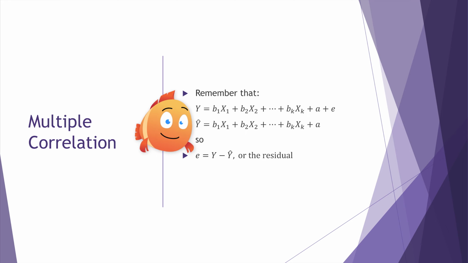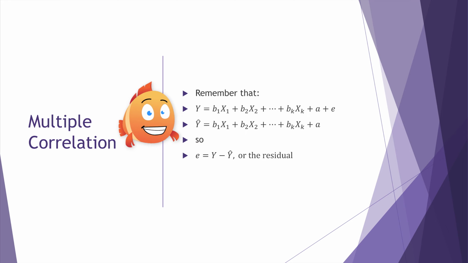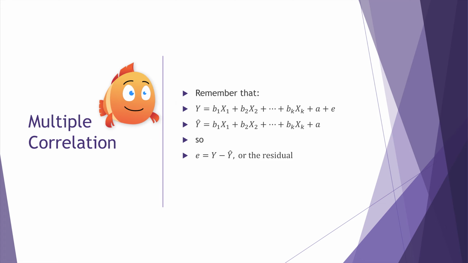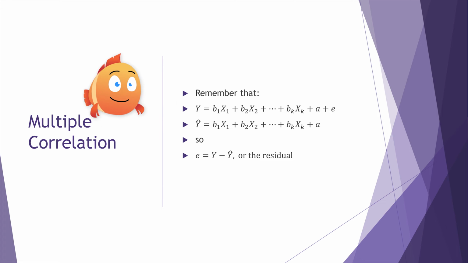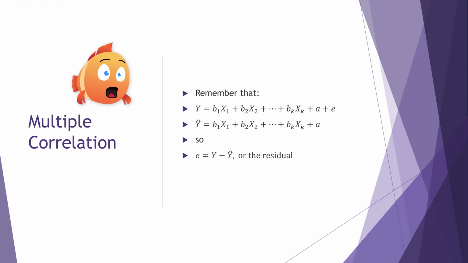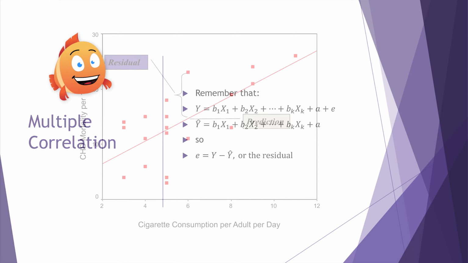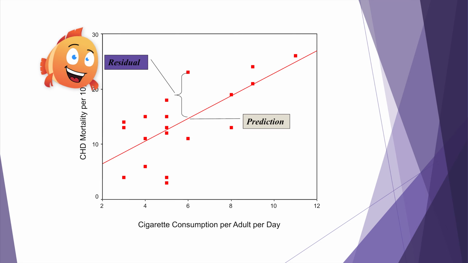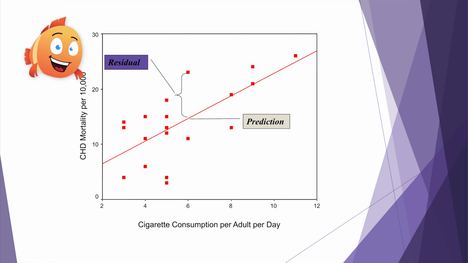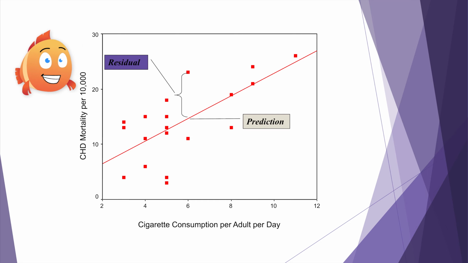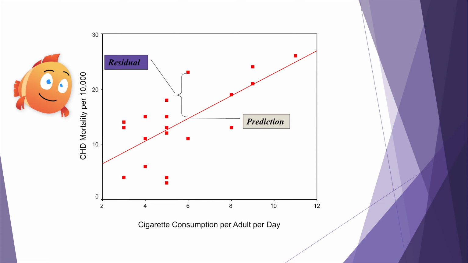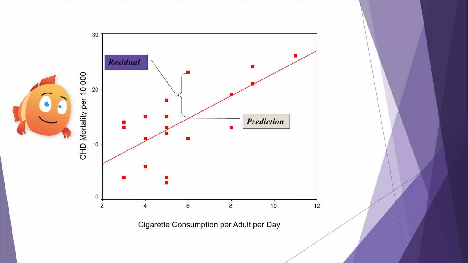So anyway, the point that I'm trying to get to here is that e, or error, is the difference between our y and our y hat. This is the residual. Let me illustrate. Here I have a diagram looking at cigarette consumption per adult per day, plotted against CHD mortality per 10,000 people.